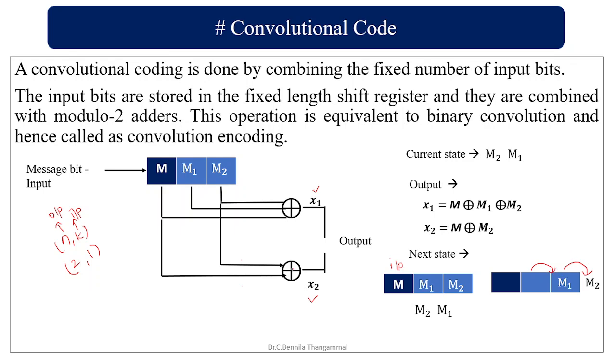Next, M moves from its place to the next place. So the current state is M2, M1, and the next state will be M1, M. This is before shifting and this is after shifting. Before shifting is the current state, after shifting is the next state.